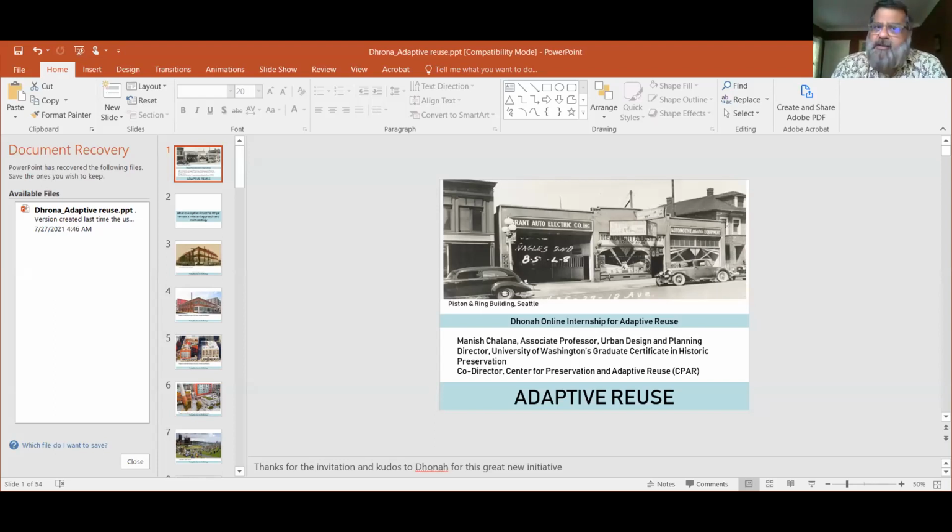So lots of money has to be invested, and people who are investing money are concerned with the revenue generation, and we need to be finding new users that can generate that revenue. And unfortunately, a lot of that takes the form of commercial retail or boutique hotels and high-end users. So adaptive reuse has been criticized for furthering gentrification.